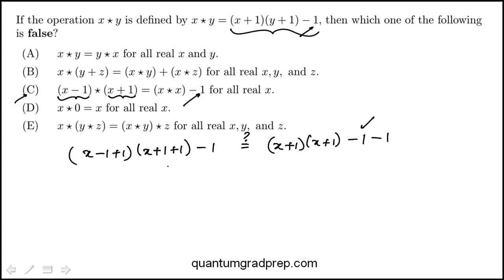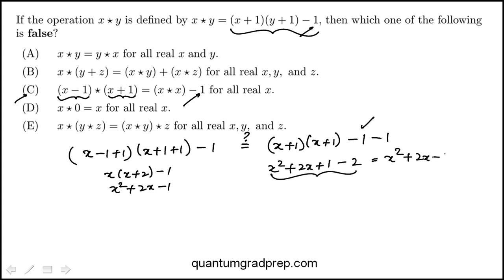So there's 2. So this becomes x times x plus 2 minus 1, and this is x plus 1 squared, which is x squared plus 2x plus 1 minus 2. This is where knowing the identities helps. Is that equal to that? Yeah, because that would become x squared plus 2x minus 1. So C is also out.